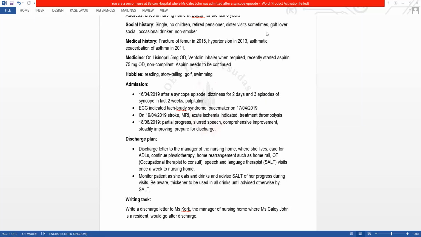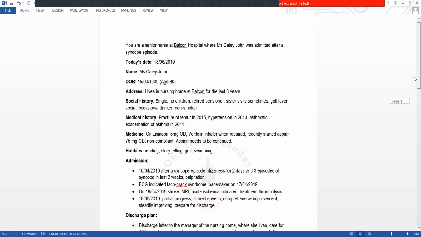Let us go in detail because it's not a big, complicated letter. This is a known case because the patient, Miss Caley John, is a resident of the nursing home at Balkan.